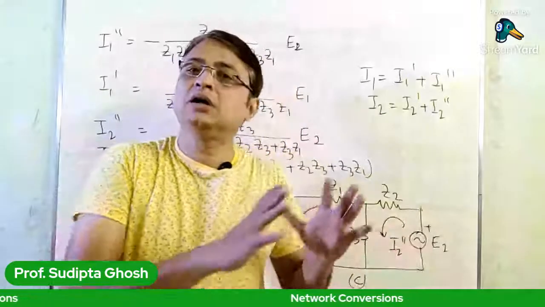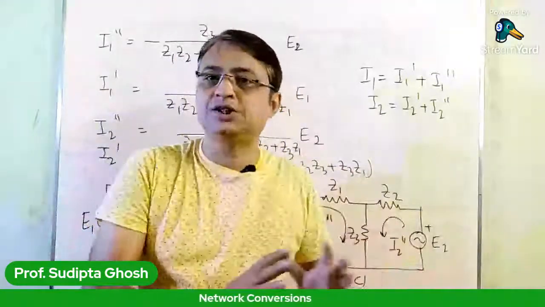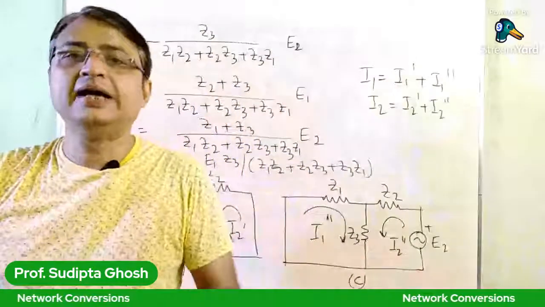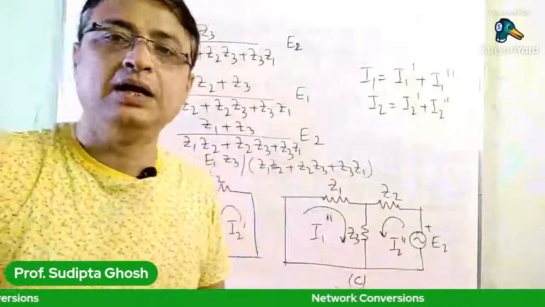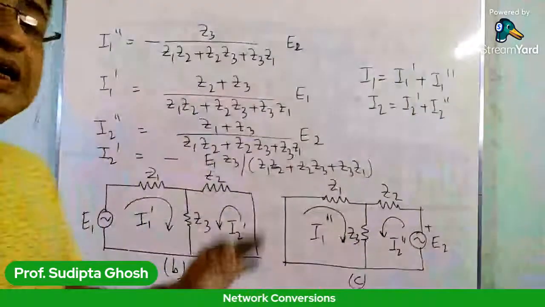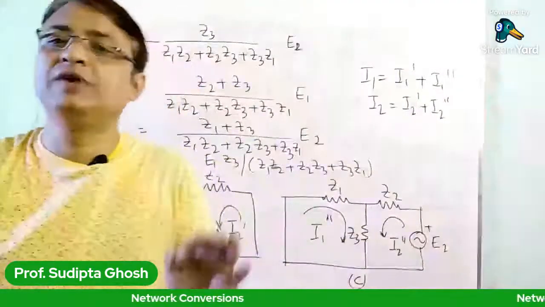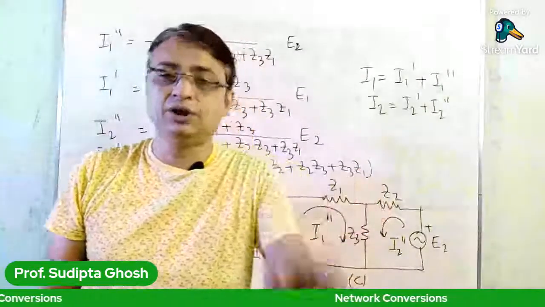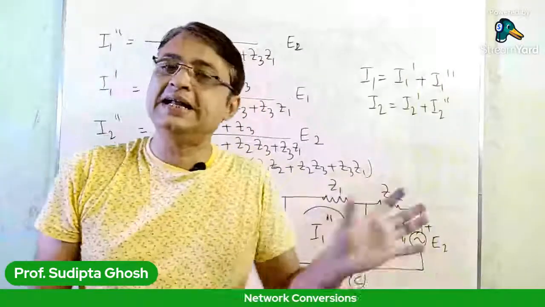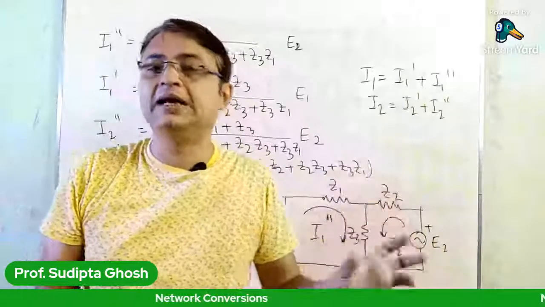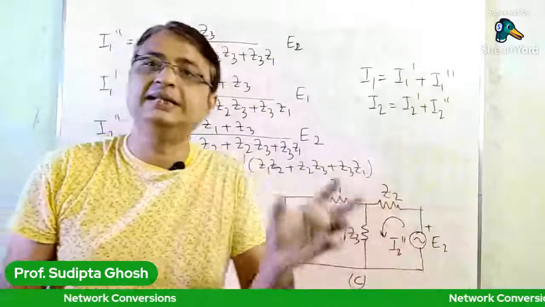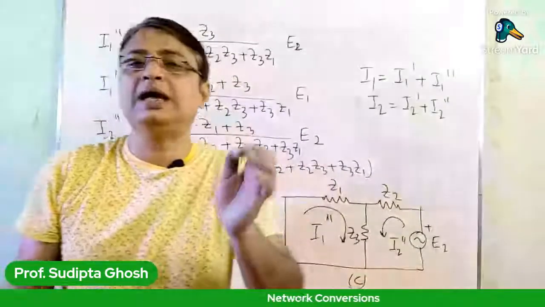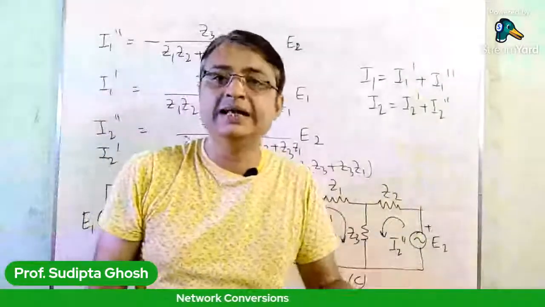We cannot apply this theorem without knowing that it is only applicable to linear networks, in which linear devices are used. The term linear is incorporated in the statement of the theorem, because this theorem is only applicable to a linear network.